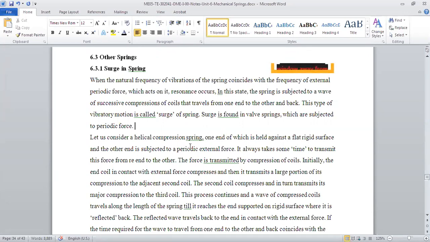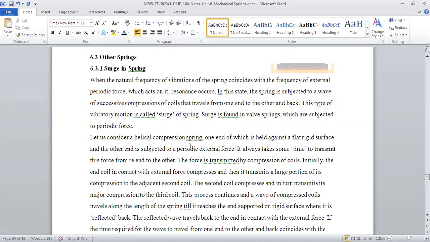So each spring will have this kind of cyclic working. If the force applied is cyclic, then that cyclic force will have some kind of frequency. Means what? Per second, how many times will it go through that cycle? Now, what is frequency? Frequency is the number of cycles per second, right?